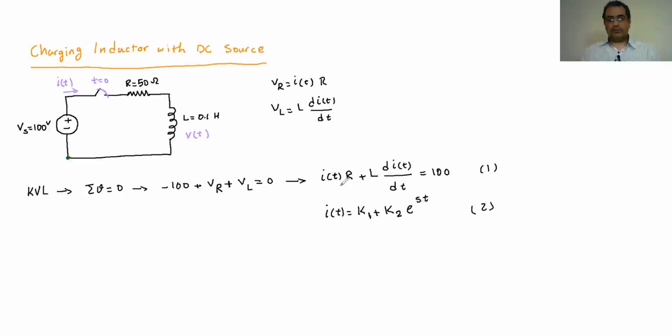The next step: so this is my differential equation, and this is the solution. The next one is to put the solution in the differential equation. So I put K1 plus K2 e to the power of st in the differential equation.